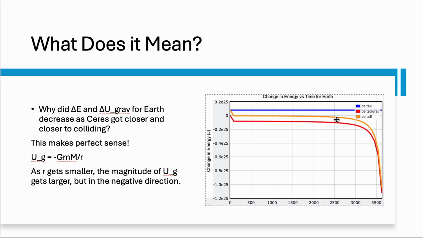This actually makes perfect sense that it decreased, because as the distance between the two masses, in this case Ceres and the Earth, gets smaller, the potential energy gets larger in magnitude. But because it's negative, that means it's just getting larger in the negative direction, as you can see.